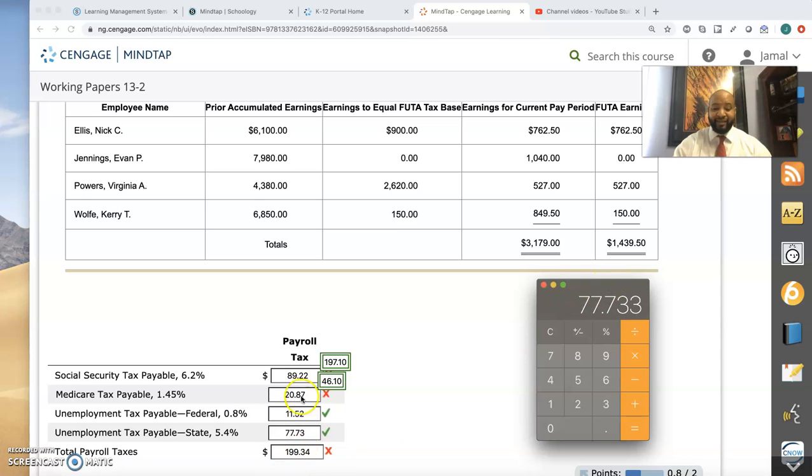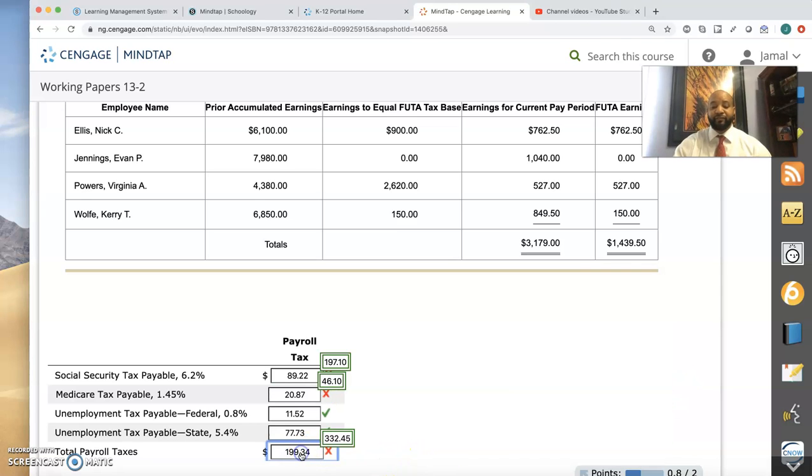How do I get this total? I should just add these numbers up because we had bad numbers there earlier. Our total should be, well, let's just do that real quick. 197.1 plus 46.1 plus 11.52 plus 199.34 equals 454.06.